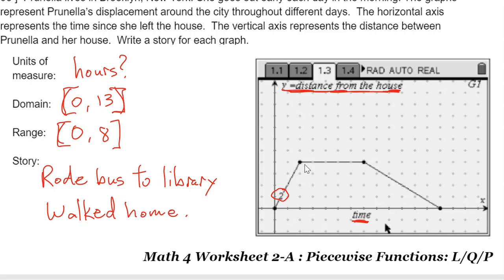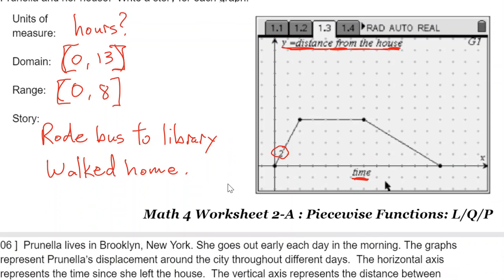That would explain the 5-hour stay in the middle. Rode the bus, took her 2 hours to get there. She stayed late, the buses weren't running anymore, it took her 6 hours to walk home. It's a long day. Must have been a graduate student or something. Anyway, what you wrote for your story, so long as it makes sense on those lines, that's the most important thing.